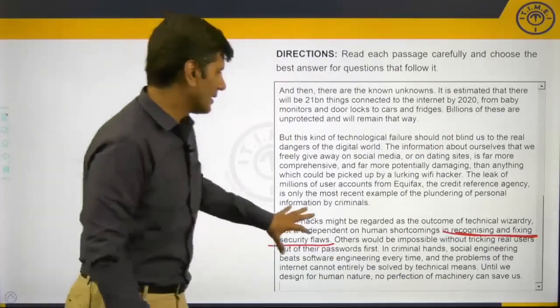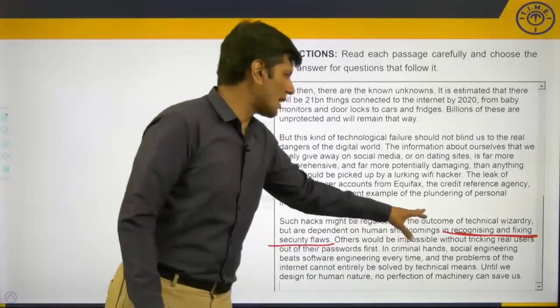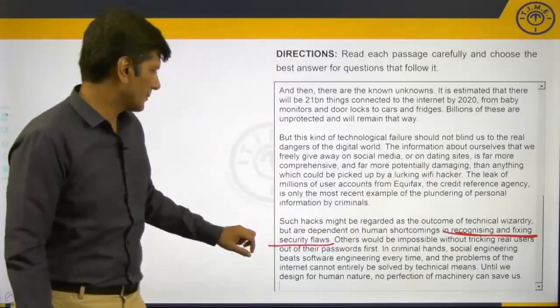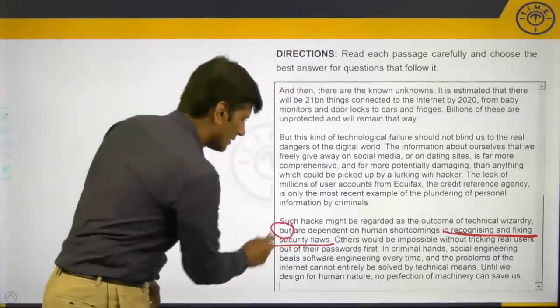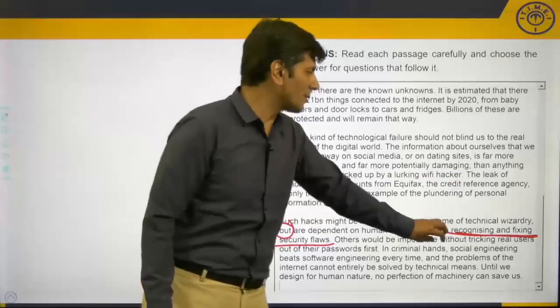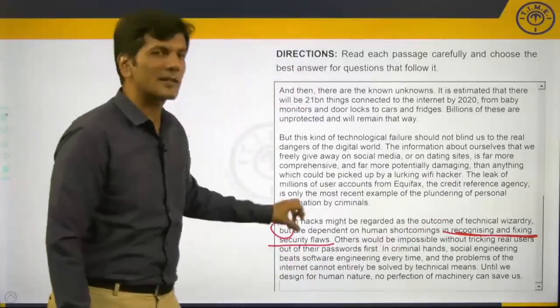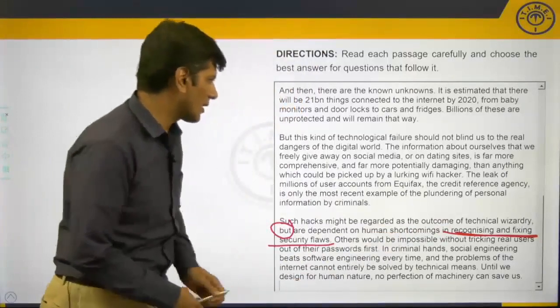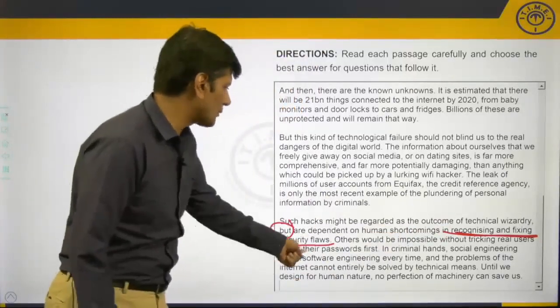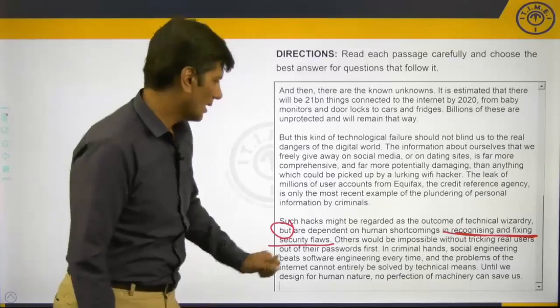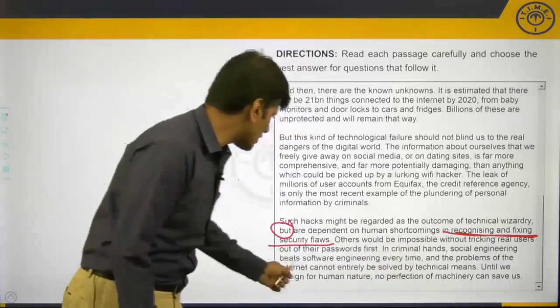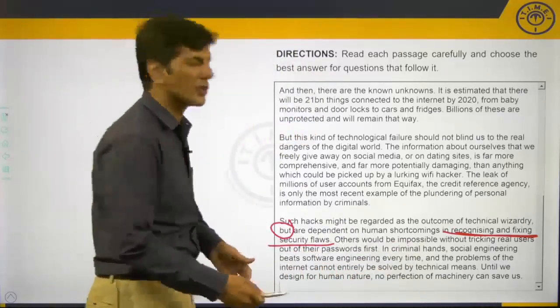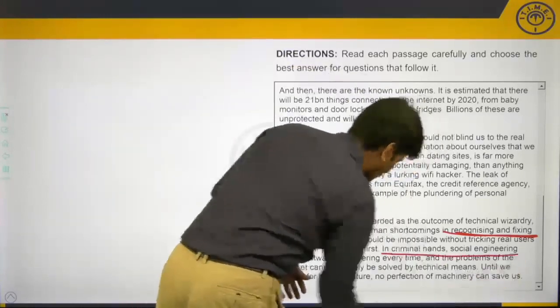He says that they are not to be understood as outcomes of technical wizardry, but they are dependent on human shortcomings in recognizing and fixing security flaws. Others would be impossible without tricking real users out of their passwords first. In criminal hands, social engineering beats software engineering. Wow, this is a very strong statement.